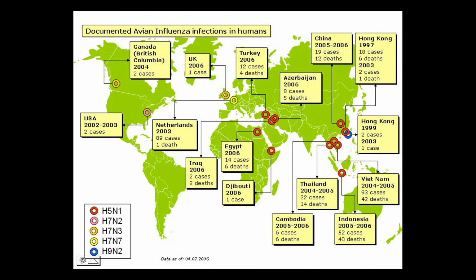Again, avian flu happens worldwide. Mostly it comes from China, but maybe in Egypt, African countries, even rather 39 cases in Netherlands, not that small. It may spread to other countries through traveling.